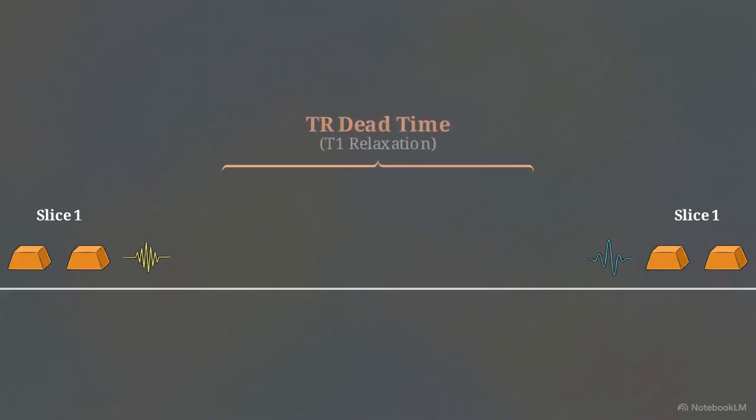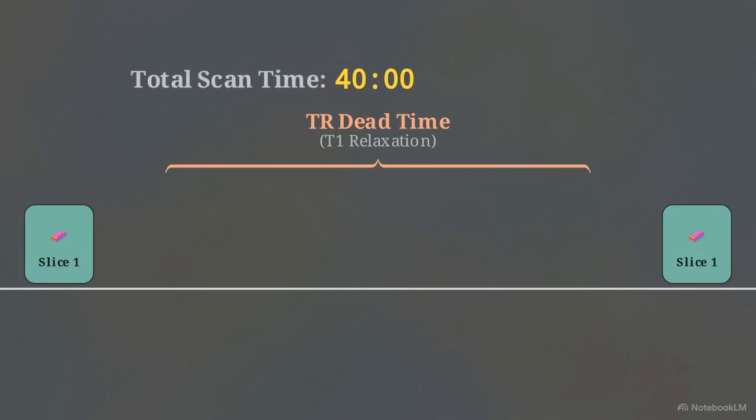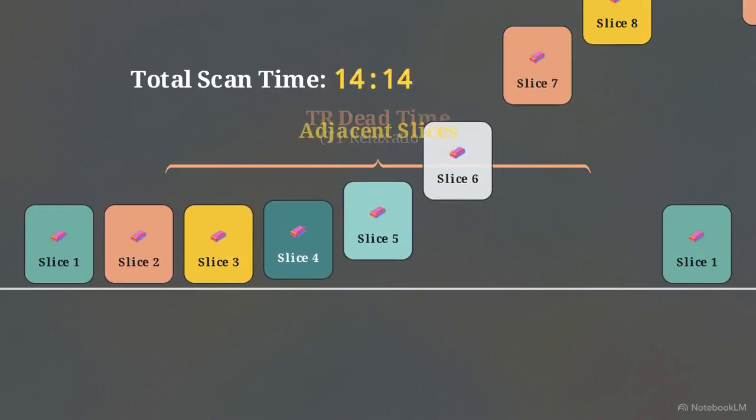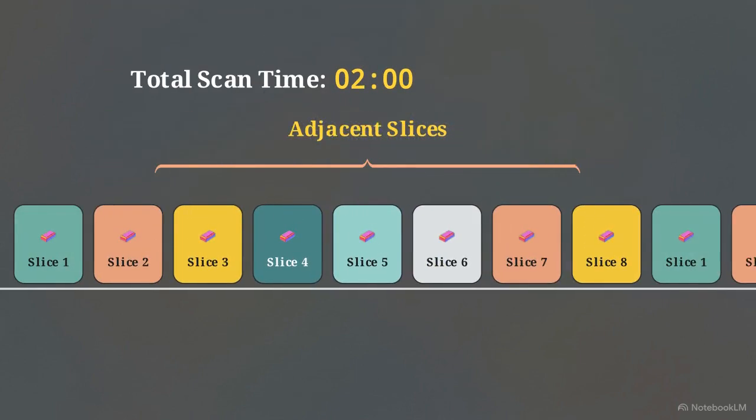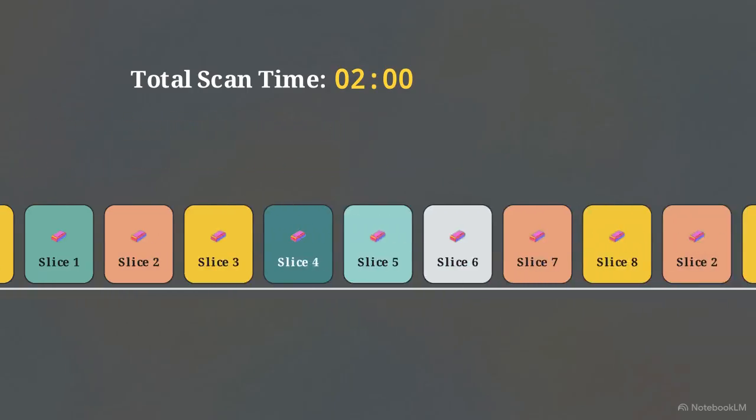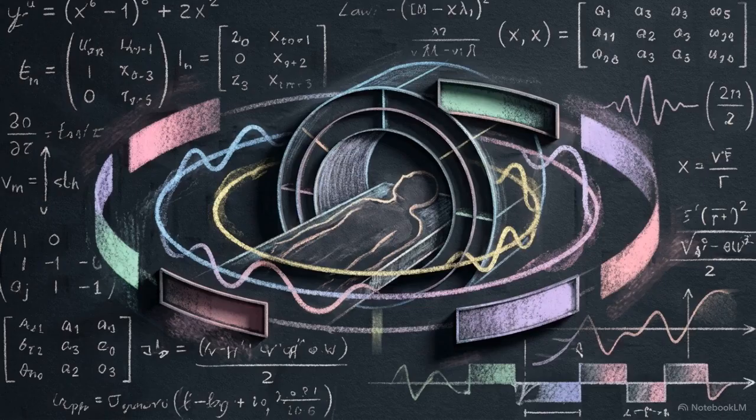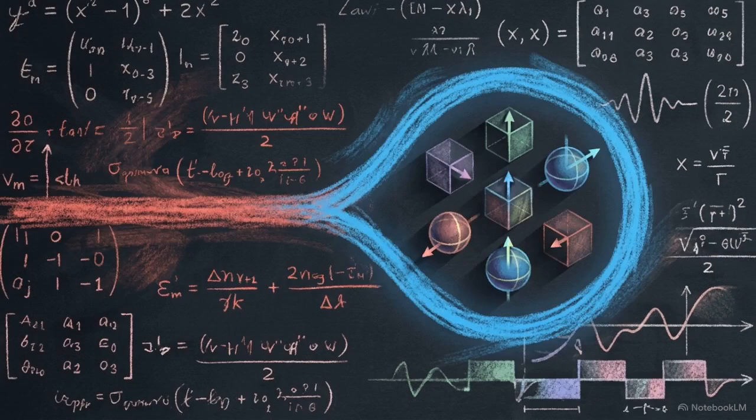Waiting for T1 relaxation to complete creates massive gaps of dead time within every TR cycle. Multi-slice interleaving mitigates this by firing sequences for adjacent anatomical slices while the first slice is still recovering. While interleaving is standard, it doesn't overcome the physical speed limit if we need to image a single volume as quickly as possible. Turbo spin echo, or TSE, serves as the architectural bypass for this TR bottleneck.